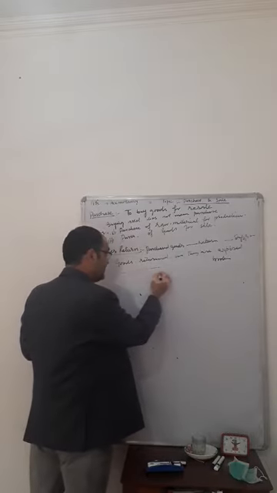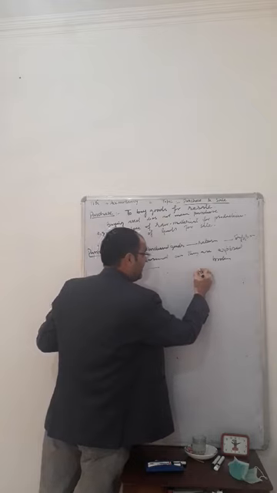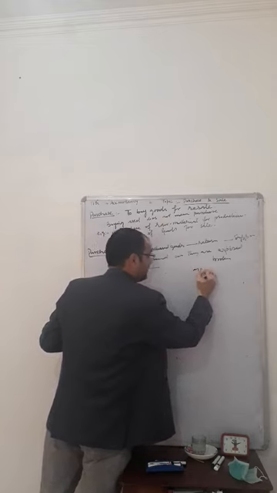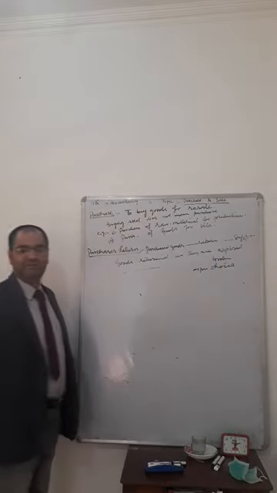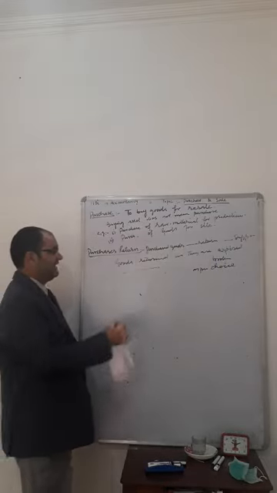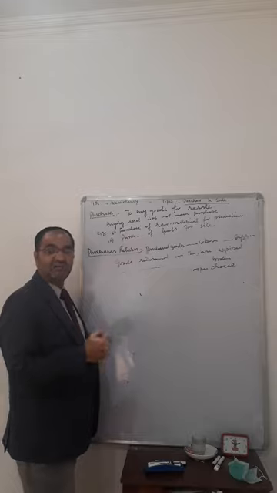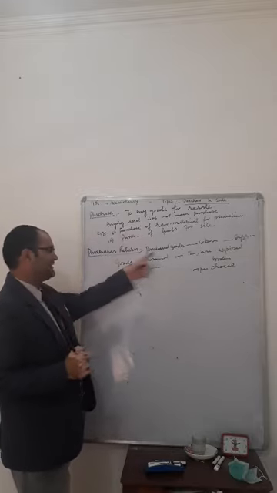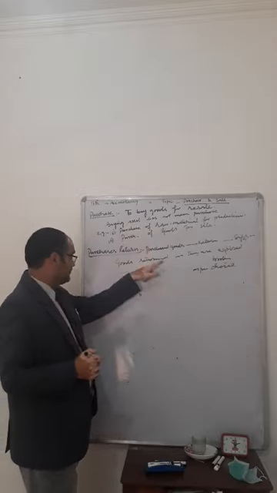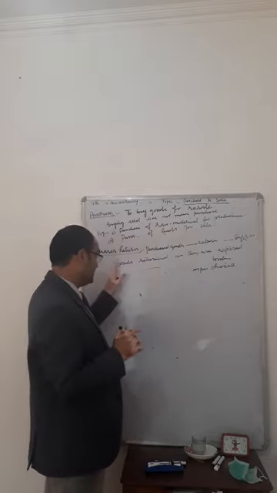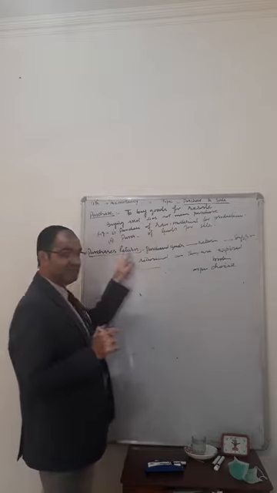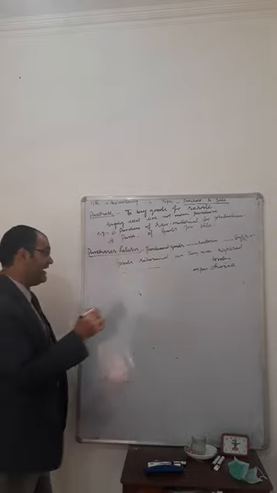Purchased goods returned back as they are not as per the choice of the customer. That means they are outdated, out of fashion. These are some reasons the purchased goods are being returned back to the seller or the supplier, and this is known as purchase return. Here I will give you an example.